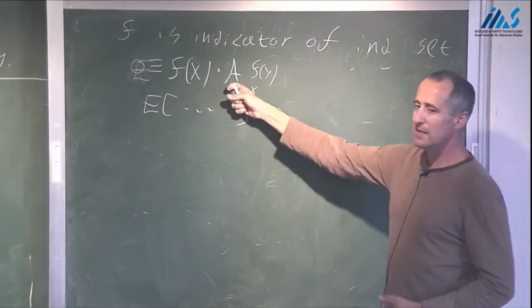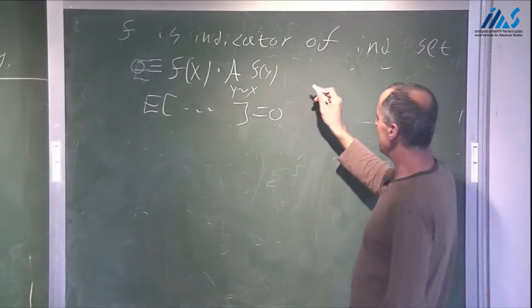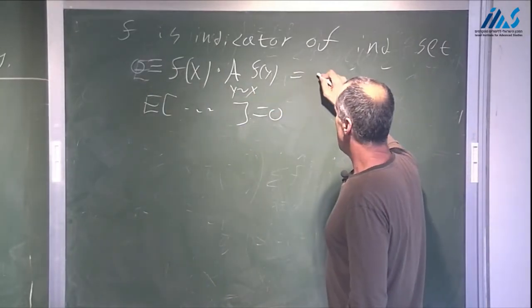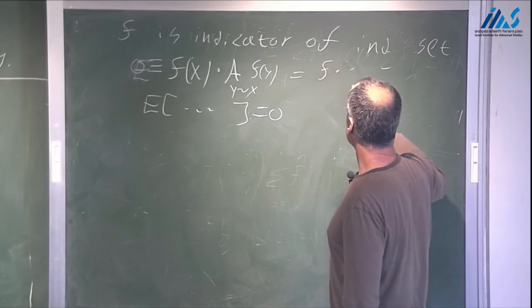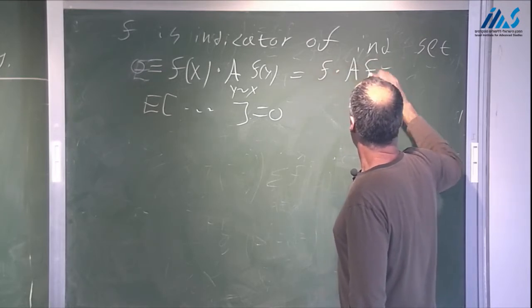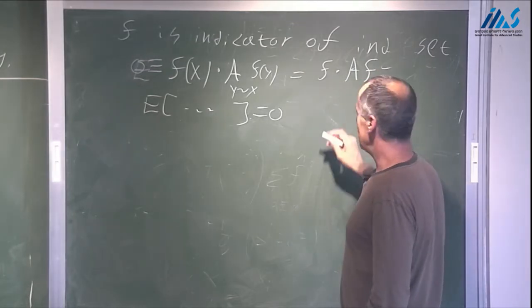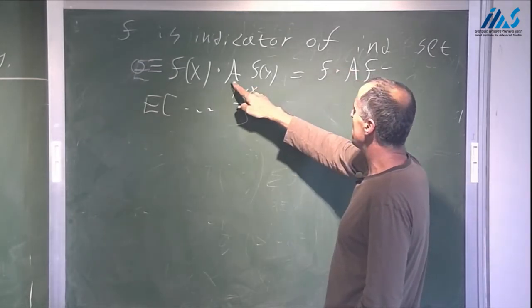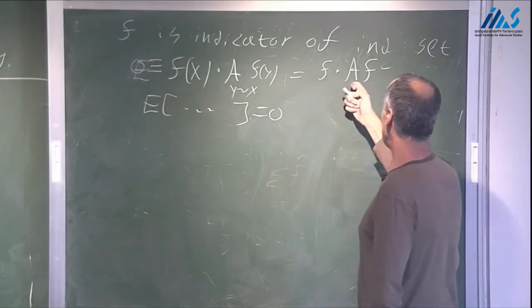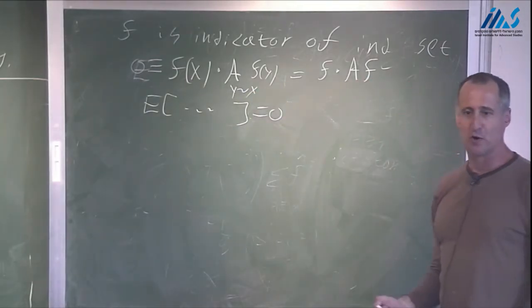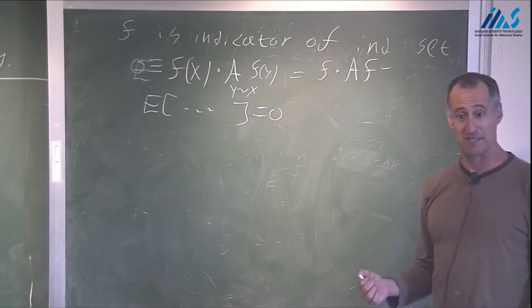But this is just a linear operator. What I'm really writing here is f times something. I wrote the average of f of y over the neighbors, but now what I really want to do is take the normalized adjacency matrix of the graph.